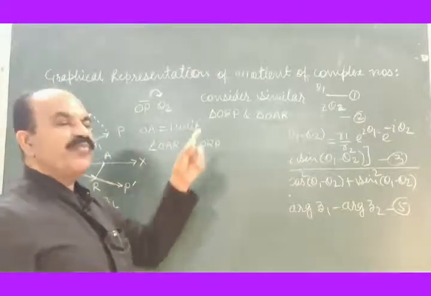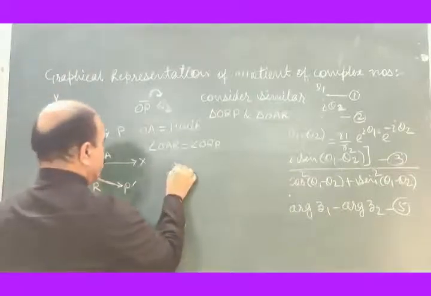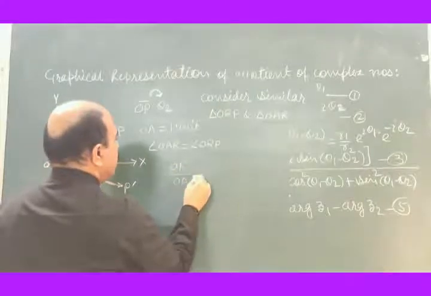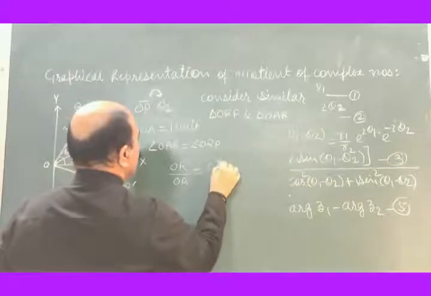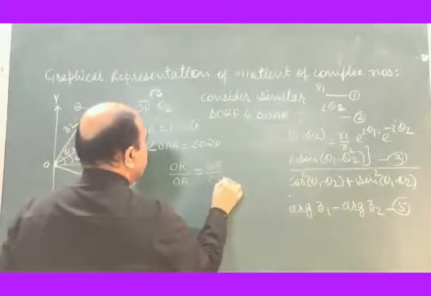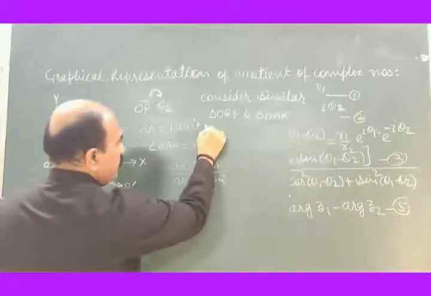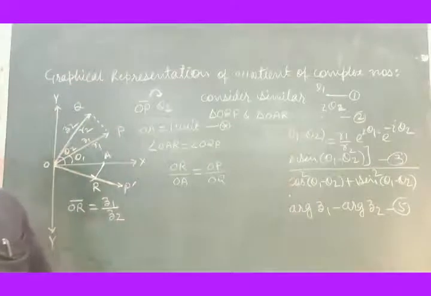According to the properties of similar triangles, we can write OR divided by OA is equal to OP divided by OQ. What is equation star?